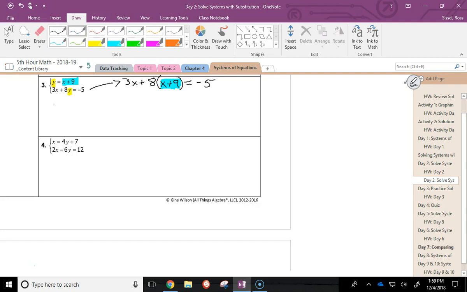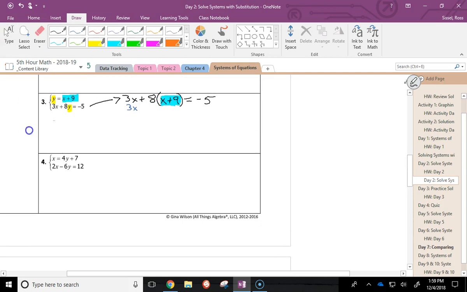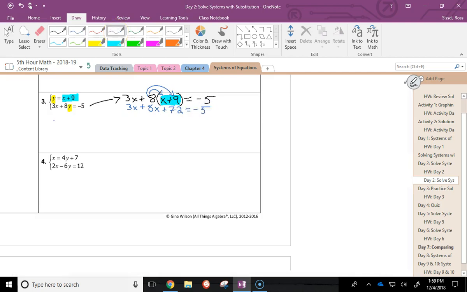I now solve that second equation. I have 3x, and I distribute my 8. 8 times x is 8x, and 8 times 9 is 72. I now combine like terms. 3x plus 8x is 11x plus 72 equals -5.